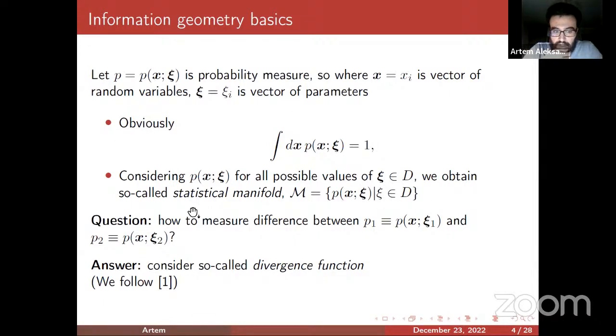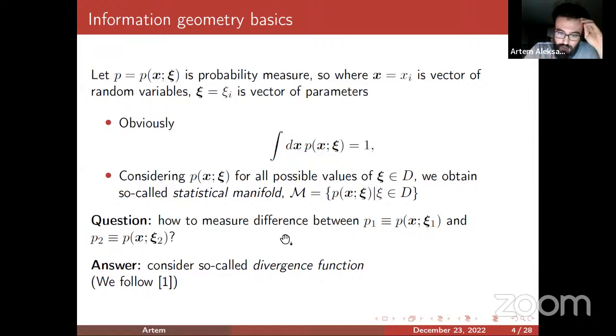And the first reasonable question is how to measure the difference between two probability measures. How can I distinguish the probability distribution P1, which corresponds to the parameter value xi1, from the probability distribution P2 with parameter xi2?